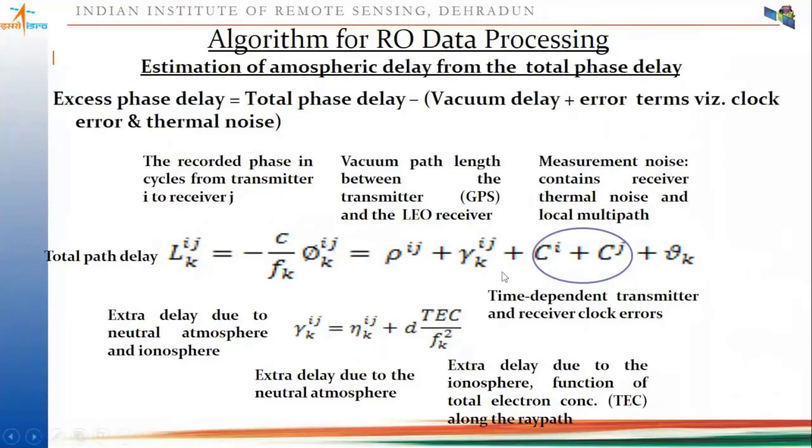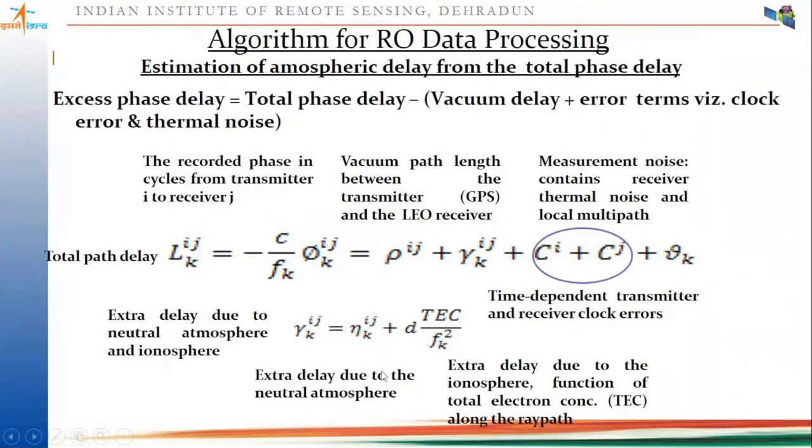Then Y_IJK is the extra delay due to the neutral atmosphere plus the extra delay due to the ionosphere. The ionospheric part is dTEC divided by f squared K, and the other is because of the troposphere, the neutral atmosphere, eta IJK.